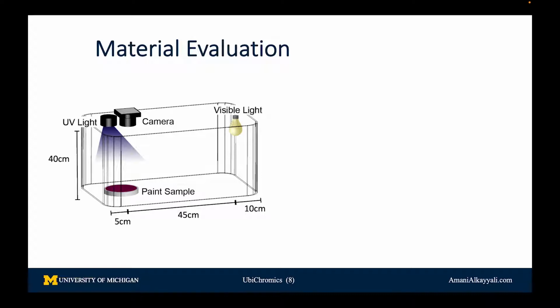We placed a paint sample at the bottom of this light-proof box, turned on the UV light while the visible light was turned off, and recorded images over time. We turned the UV light off and then turned the visible light on while continuing to record, and we got a number of images representing the paint sample color over time.